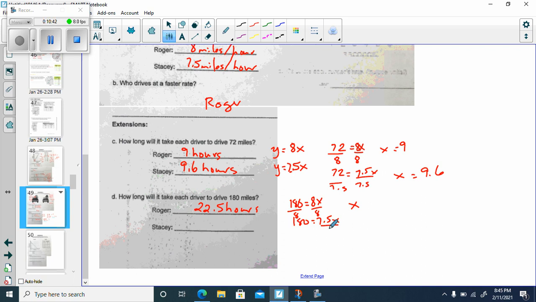Okay. In this case, you divide 180 by 7.5. And 180 divided by 7.5 would give you 24. That would be 24 hours. Okay, so it would take Stacy 24 hours. It would take Roger 22 and a half, which makes sense because Roger's driving a little faster.